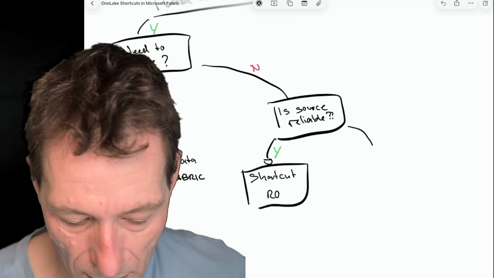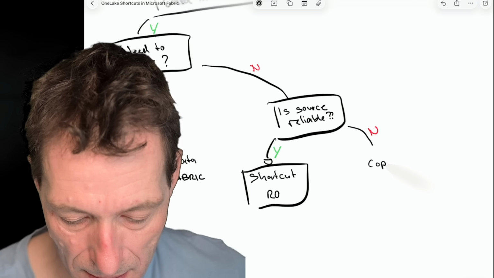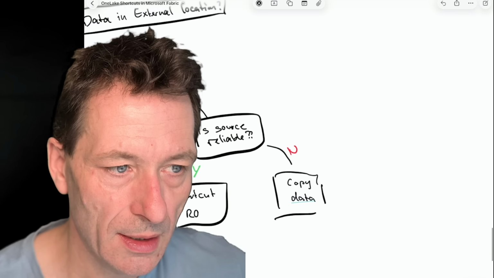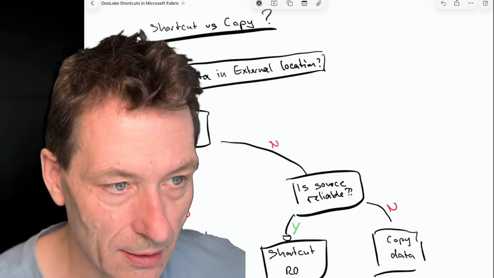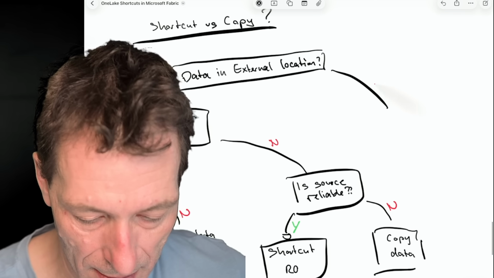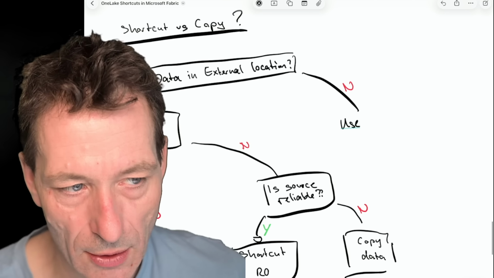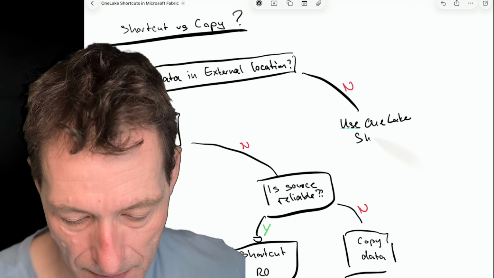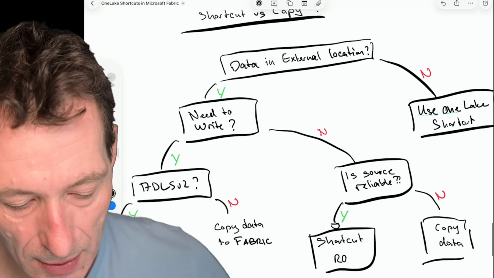If the source is not reliable, then you need again to copy data. If your data is not in an external location, things are very simple. Use the internal shortcut, which is the OneLake shortcut, and everything is fine.